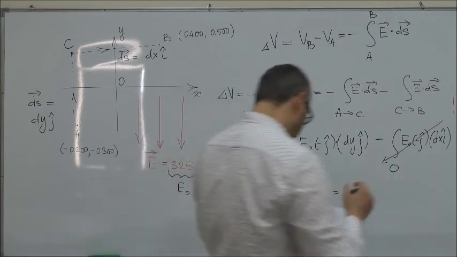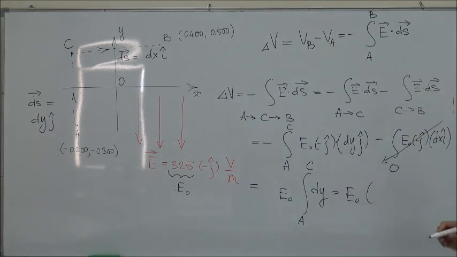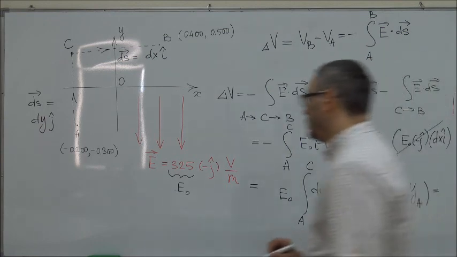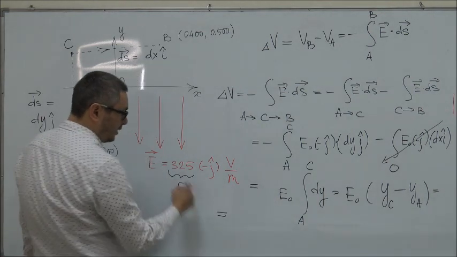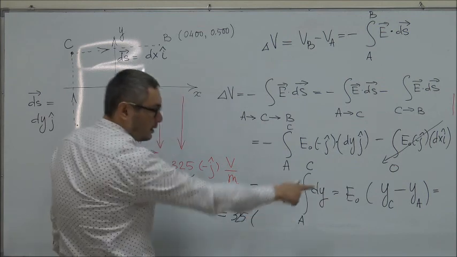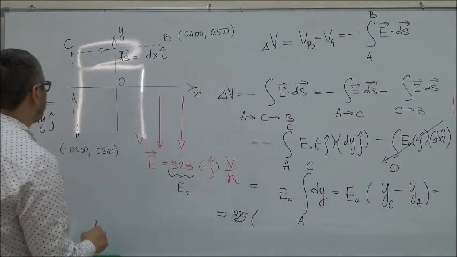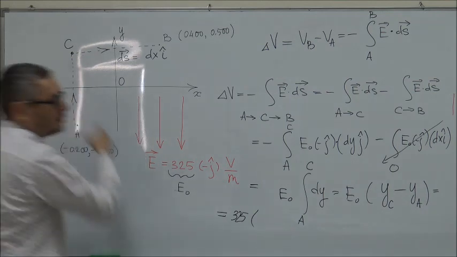So this is then equal to E0 times the y coordinate of point C minus the y coordinate of point A. E0 is given, that's 325. The y coordinate of point C is equal to 0.5.